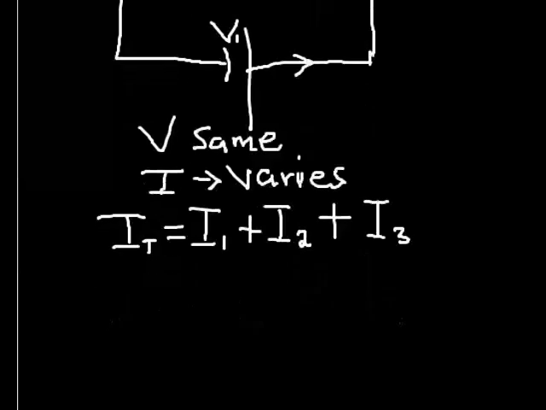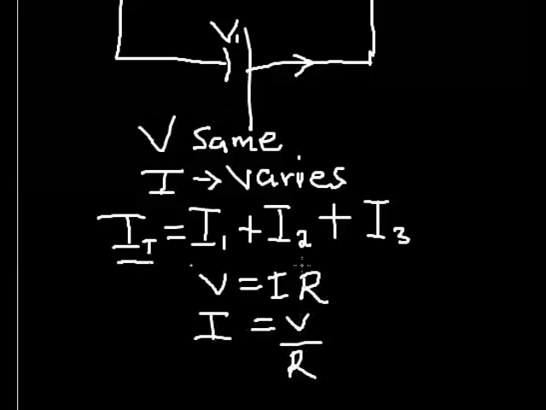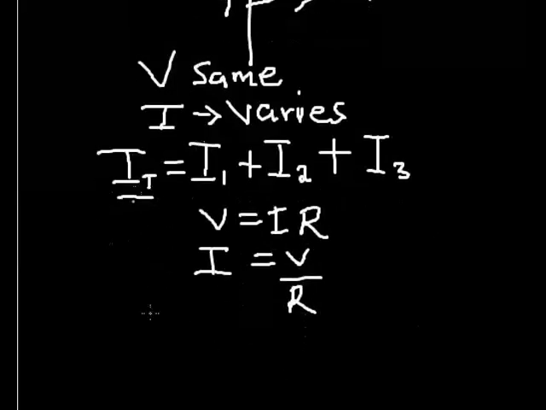All right, so let's go there. According to Ohm's law, we know that V is equal to IR. So making I the subject of formula, I is equal to V all over R. Putting that in this relationship, for I total, that's going to be V all over R total.